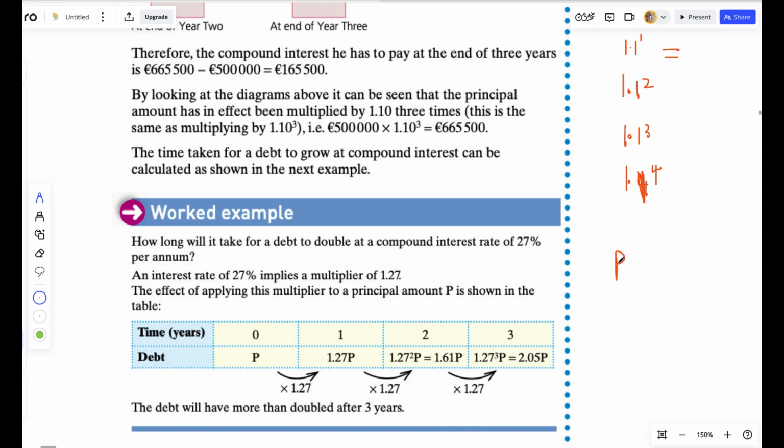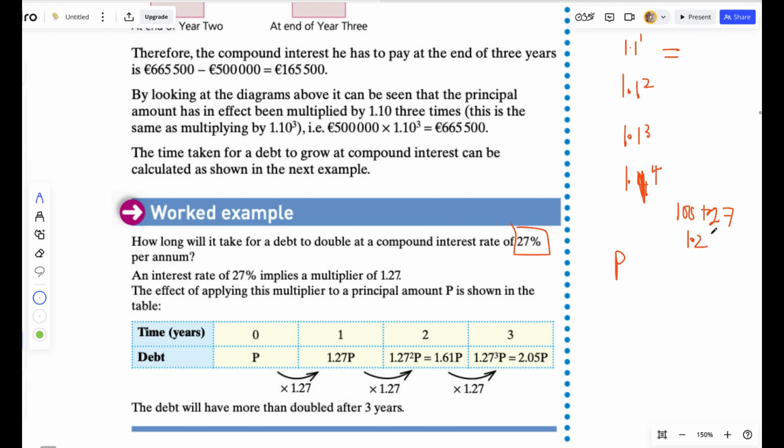Okay, for first year, the rate is what? 27%. So 27% plus 100% is 127, right? If you change to multiplier, it becomes 1.27. So this is the rate we'll be using, 1.27.